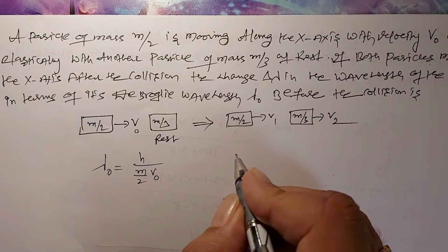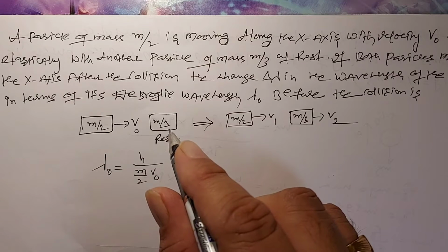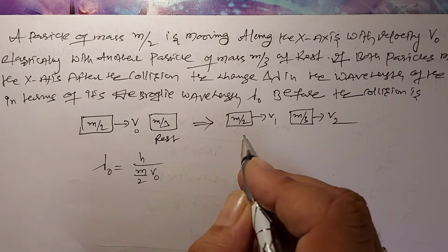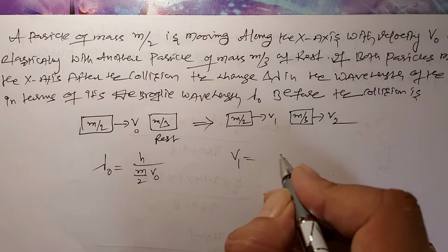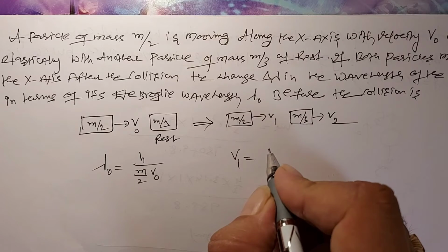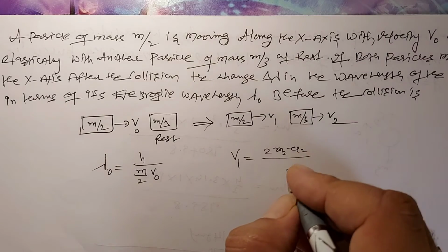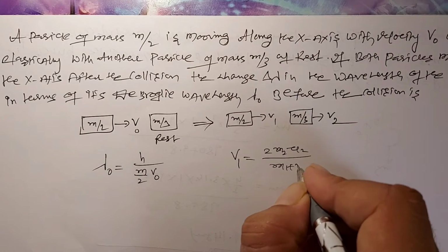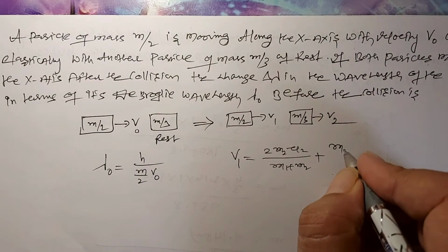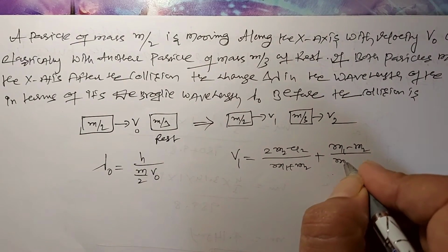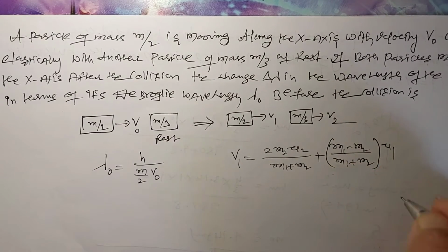After collision with the second particle of mass m by 3, which is at rest, the first particle is moving with velocity v1. We get the formula v1 = (2m2 u2)/(m1 + m2) + ((m1 - m2)/(m1 + m2)) u1.